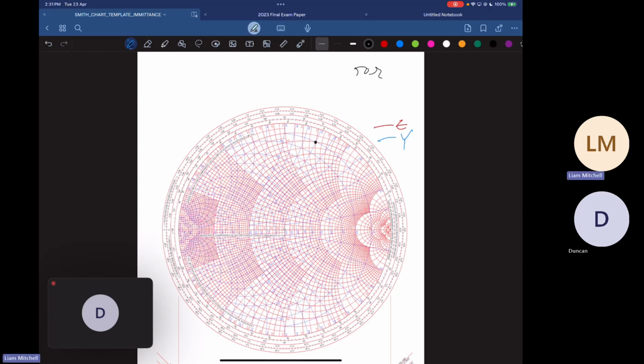In general, there are many ways to do impedance matching. You can add a series impedance, a parallel impedance, or whatever. I'll go through two things. One, add a series capacitor, or something of this sort. And two, add a parallel element, basically a parallel stub.